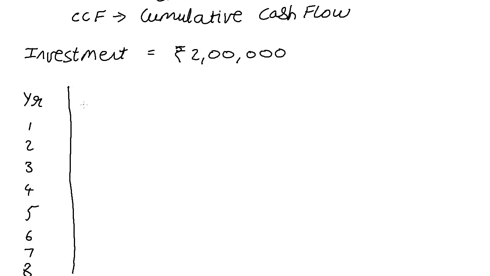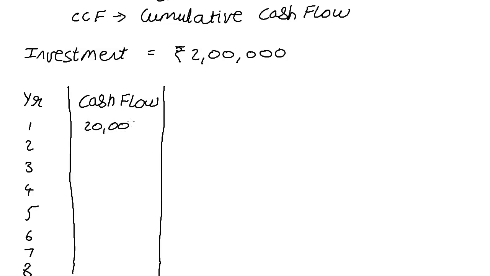And within those 8 years, you're going to get some amount of cash flow, or simply CF. We have maybe 20,000 in the first year, 30,000 the next year, 15,000. All of these numbers I'm just coming up with here. In the question, see the numbers and accordingly substitute.